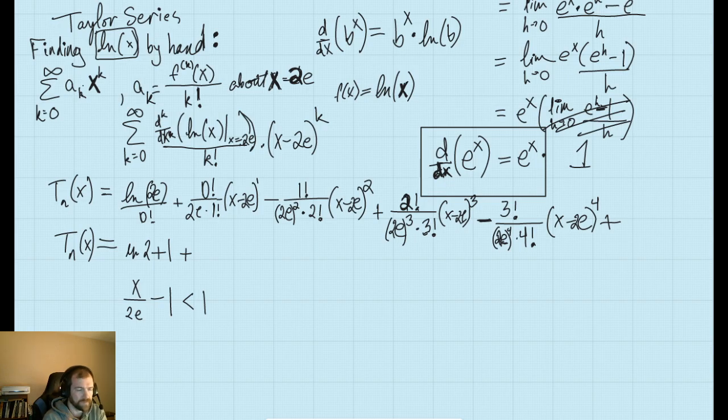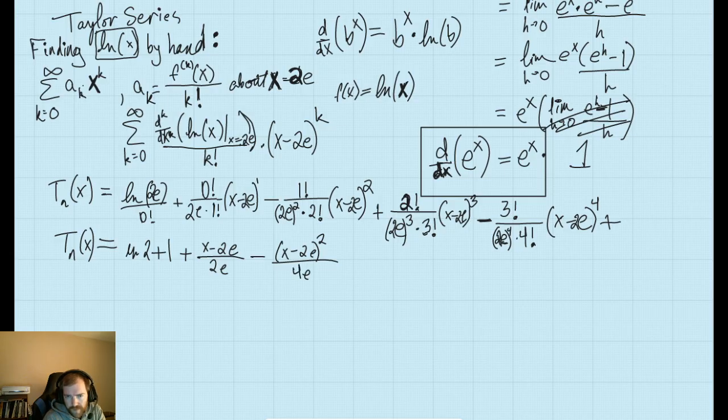Okay, 4e is much bigger. Alright, so this is going to be 1, this is x minus 2e over 2e, minus x minus 2e squared over 4e squared, plus, oh, and another 2 from that. So this is going to be 8.